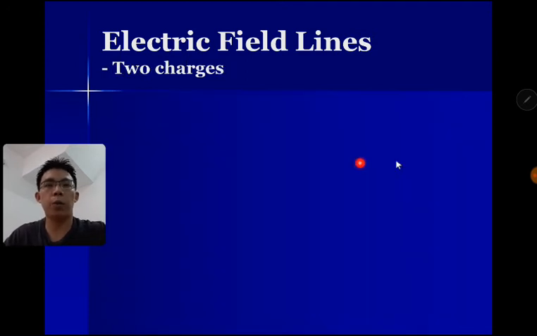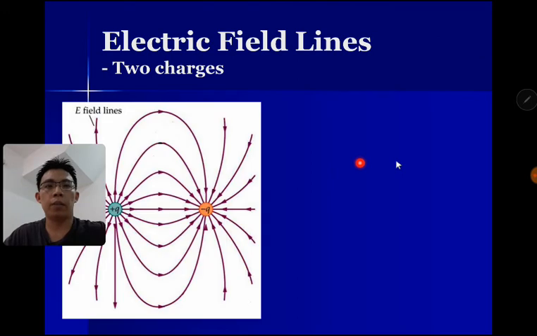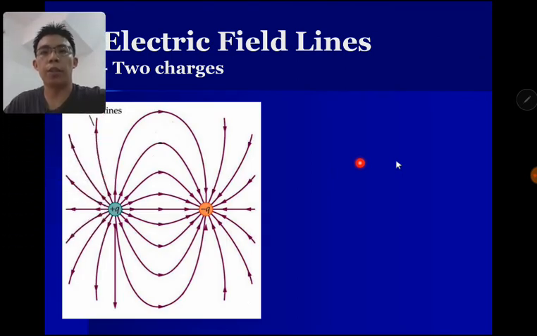If we have two charges in this region, the lines start at the positive and end at the negative. If I put a positive charge somewhere here, its direction of force will be the tangent of this line, following the direction.